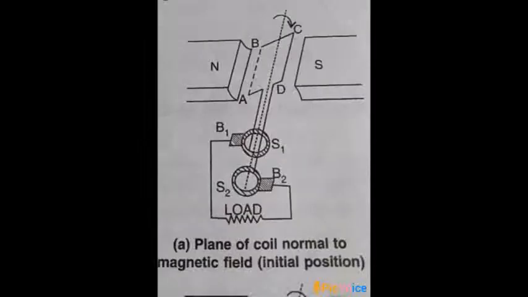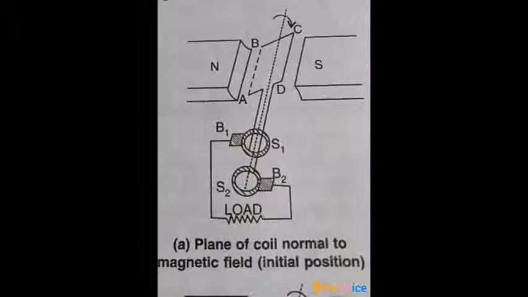Now let's see the working of the AC generator. The first position, see the figure A. There is a horseshoe magnet kept, the north and south pole. In between that our rectangular coil is there. A, B, C, D. A is connected to slip ring S1, to which the brush B1 is touching.